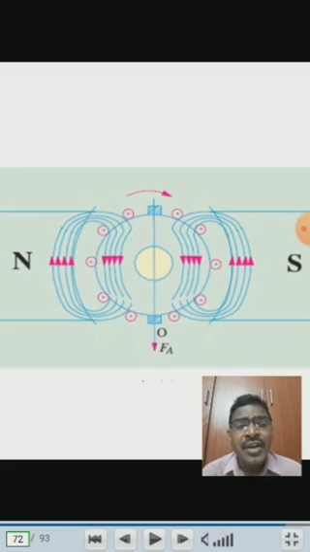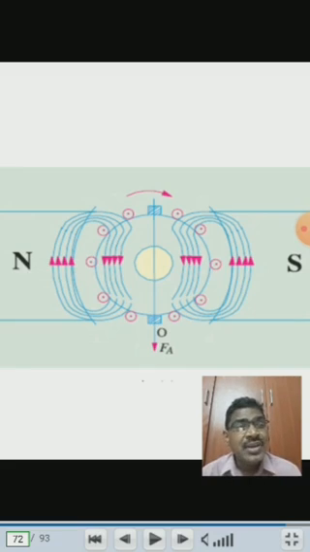If you want to find the direction of current flowing through the armature, you can apply Fleming's right hand rule. Then these two armature fluxes produce MMF in the direction of the magnetic neutral axis, the vector OFA. That represents the magnitude and direction of the armature MMF produced by this armature flux.